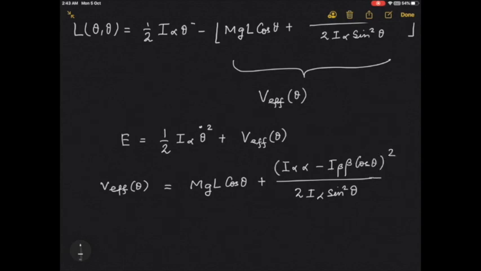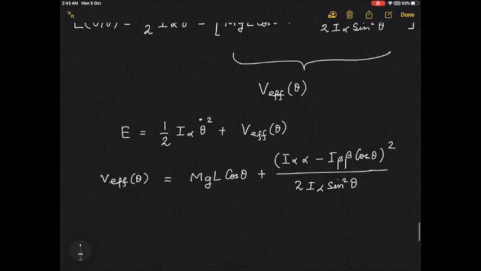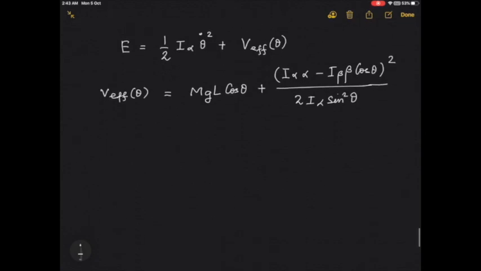So after all these, the equation rather looks quite simple. And you know the rest of the drill quite well. We can now look at the problem in terms of V effective, just like we did in case of the central potential.